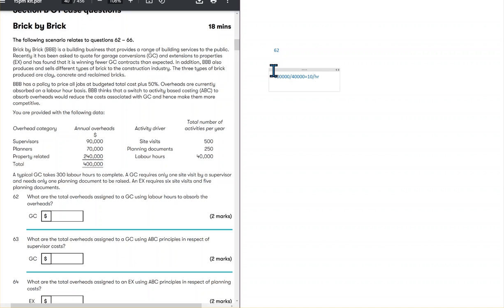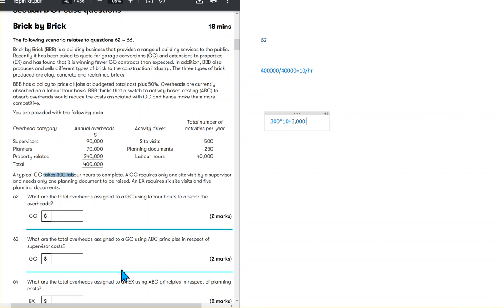And we have how many hours taken by GC? Okay, a typical GC takes 300 hours to complete. So 300 hours multiplied by 10, there will be 3,000 cost if we are using absorption costing.